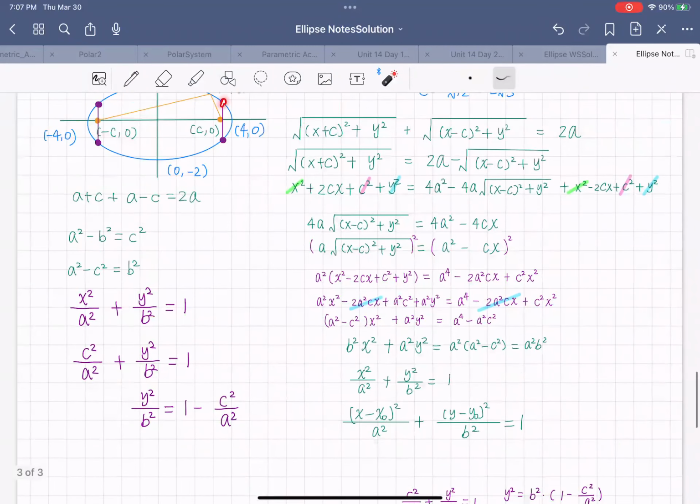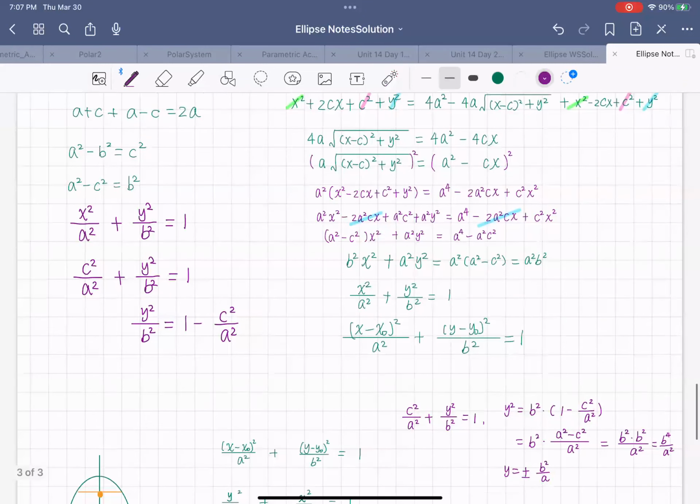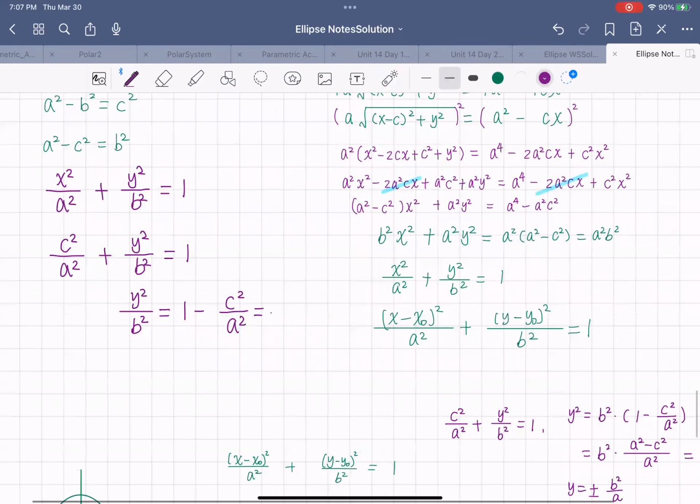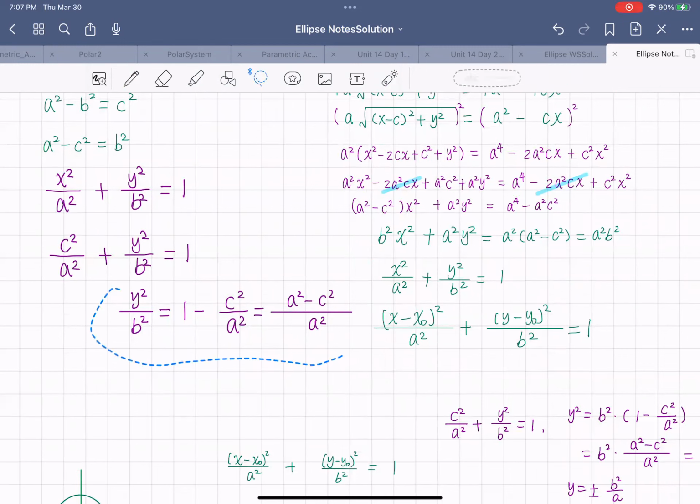This latus rectum, the x value is c, that's why I put c here. I want to get the y value. Does this make sense to you? And then we can do one more step. This becomes a squared minus c squared over a squared. So far, so good?